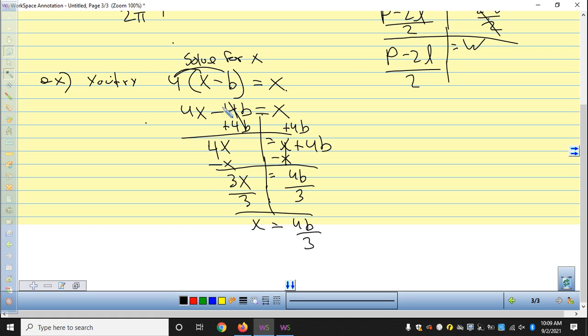So the question that was asked is, could we, from here, 4x minus 4b equals x, subtract 4x from both sides? Well, then the negative 4b comes down.